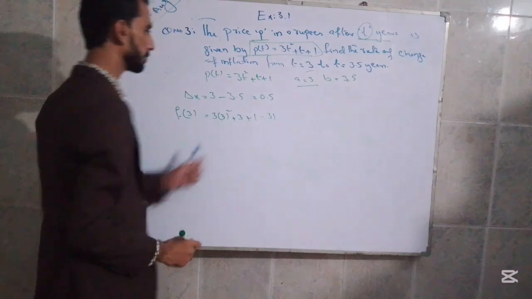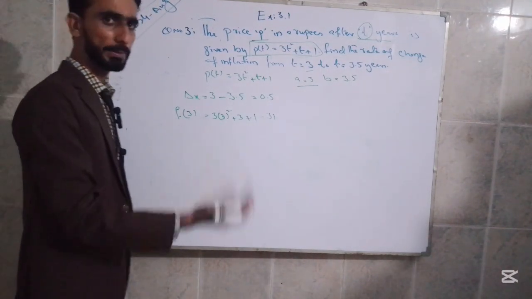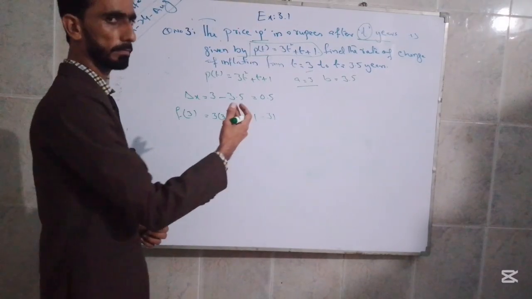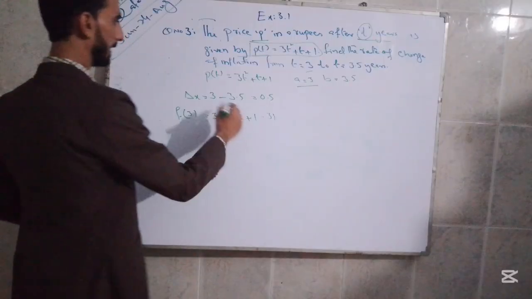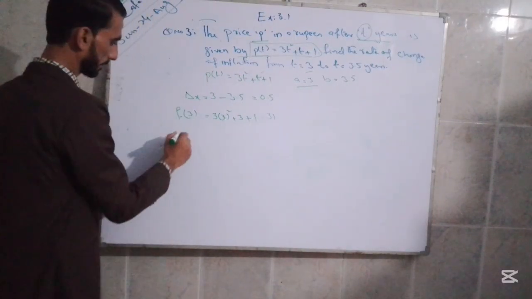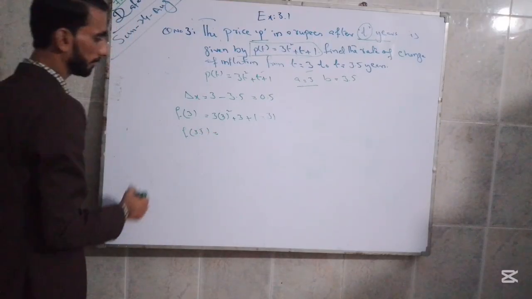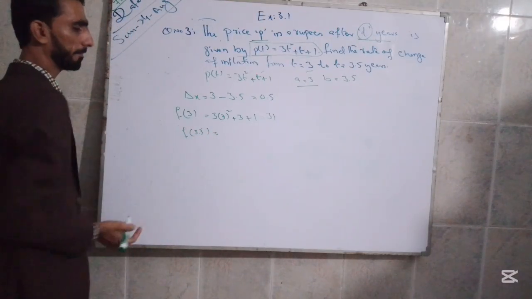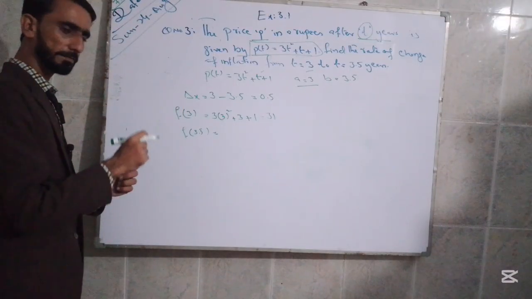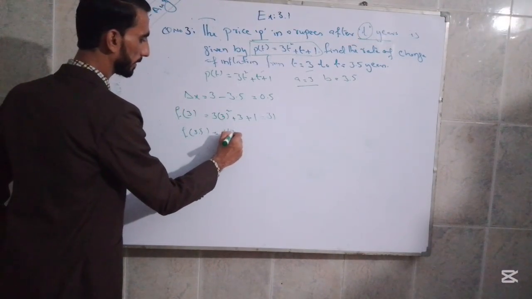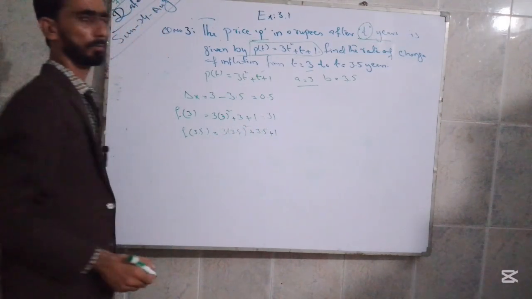So f of a is 31. Okay. Now we find the value of f of b. We put the value of b in the place of t. f of b means f of 3.5. The value of b we put instead of t: 3.5 square plus 3.5 plus 1.